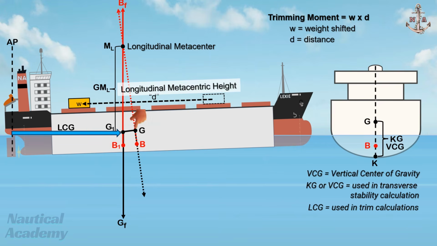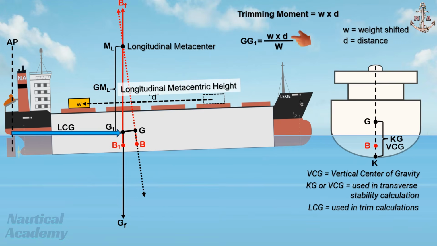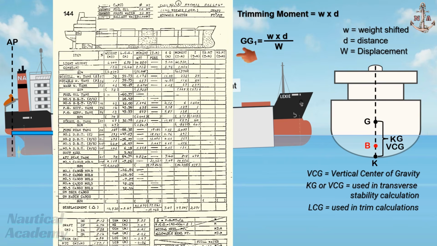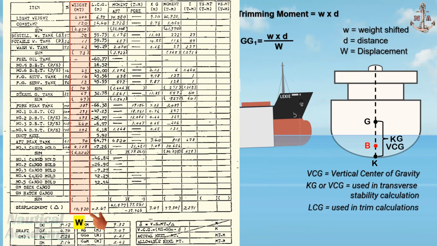To determine the distance between G and G1, we divide the trimming moment by the ship's displacement. I have here a sample of manual calculations used to determine the ship's final displacement, the longitudinal center of gravity, LCG, the trimming moment, the vertical center of gravity, kg, the vertical moment, and other related values.